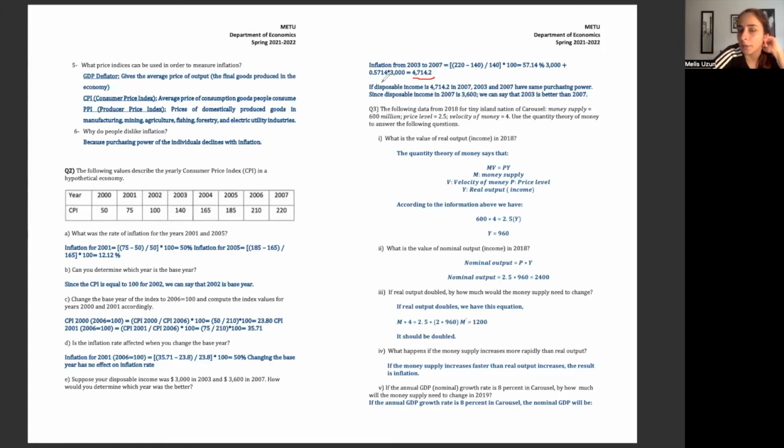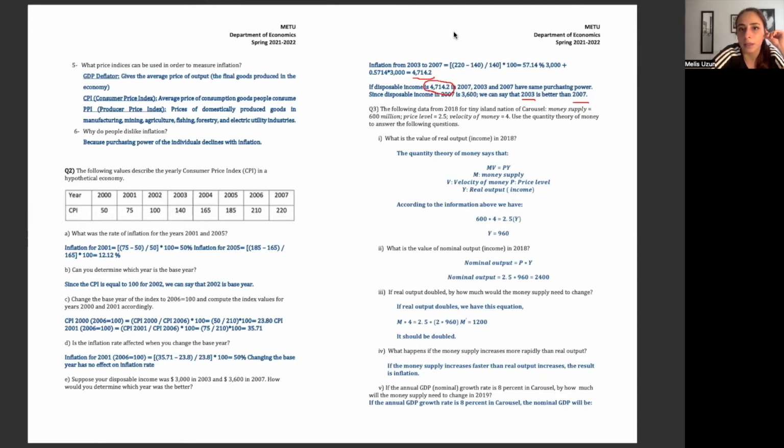So if disposable income is 4,714.2 in 2007, 2003 and 2007 will have the same purchasing power, but the disposable income in 2007 is 3,060. So we can say that 2003 is better than 2007 because it is higher.